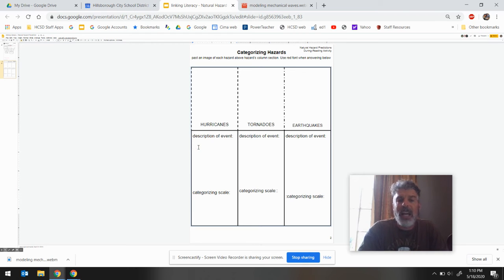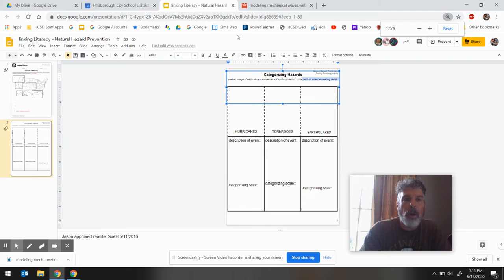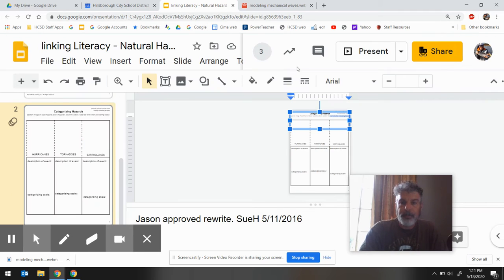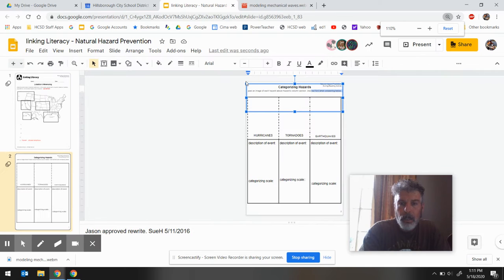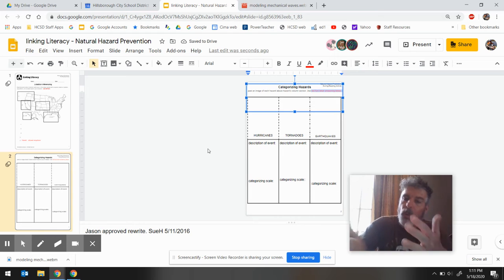Description of the event. You write down what in red. Use red font when you're answering these questions yet again. You want to go into what a hurricane is. How do you know what a hurricane is? You read the book. You write it down.